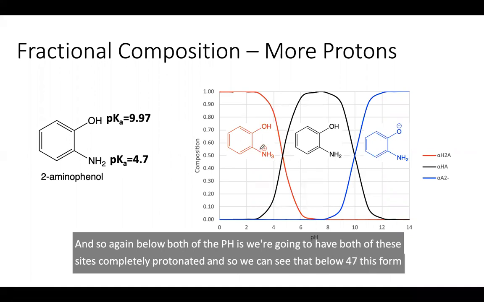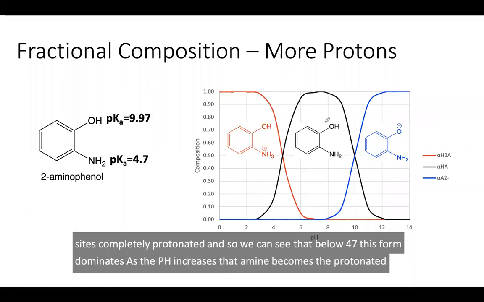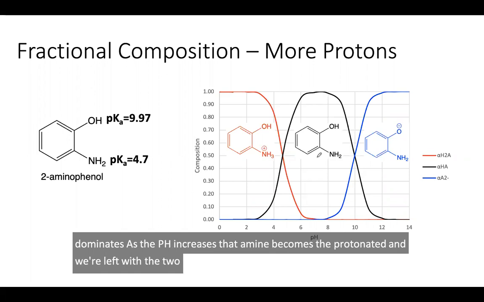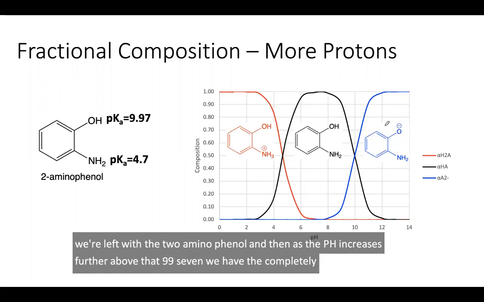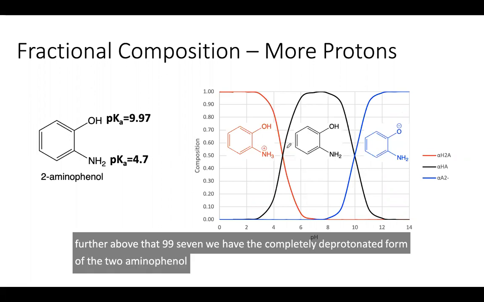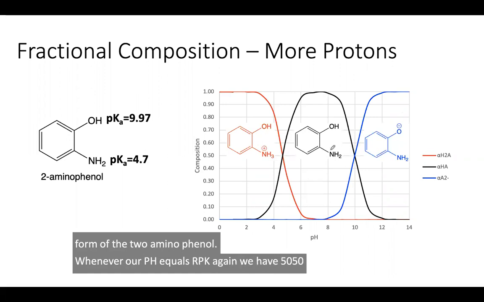As the pH increases, that amine becomes deprotonated, and we're left with the 2-aminophenol. And then as the pH increases further above 9.97, we have the completely deprotonated form of the 2-aminophenol. Whenever our pH equals our pKa, again, we have a 50-50 mixture of these two forms.